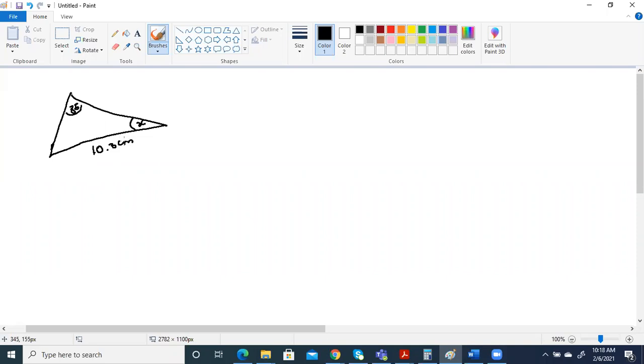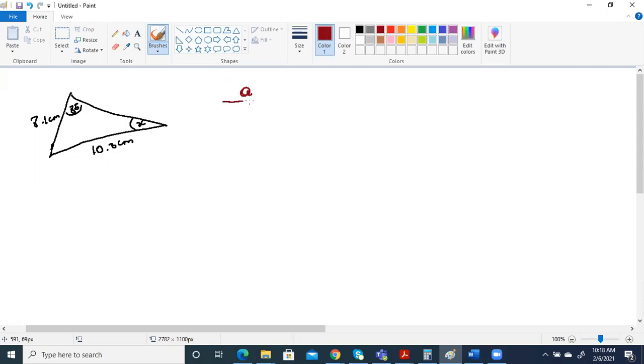This is 10.3 centimeters, and this is 8.1 centimeters here. And you're asked to find the unknown angle. So I was saying earlier that it's the sine rule that you're going to have to use here, because we spoke in the last class that when you have, for example, 2 angles and 2 sides, you use the sine rule, and I can show you why.